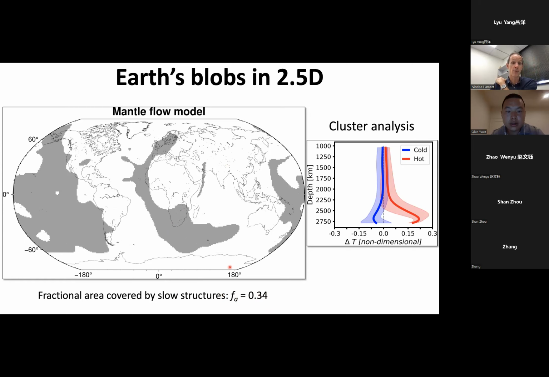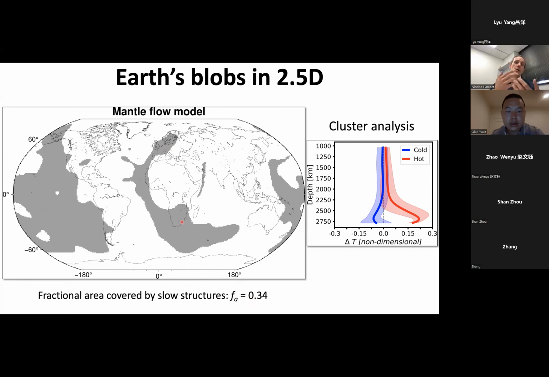Here's the results from the flow model. Cluster analysis now is for temperature, and there's a hot cluster and a cold cluster. And the hot cluster here is mapped in gray. Interestingly, for this particular flow model, the fraction that the blobs cover is also 34%.